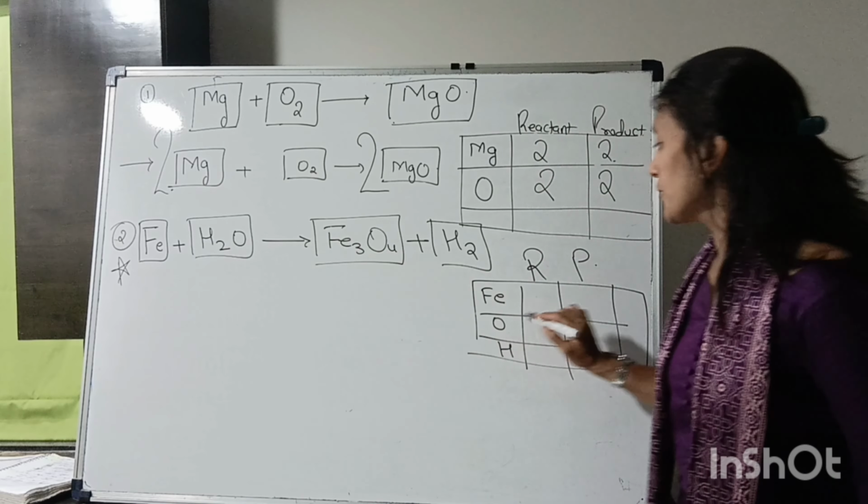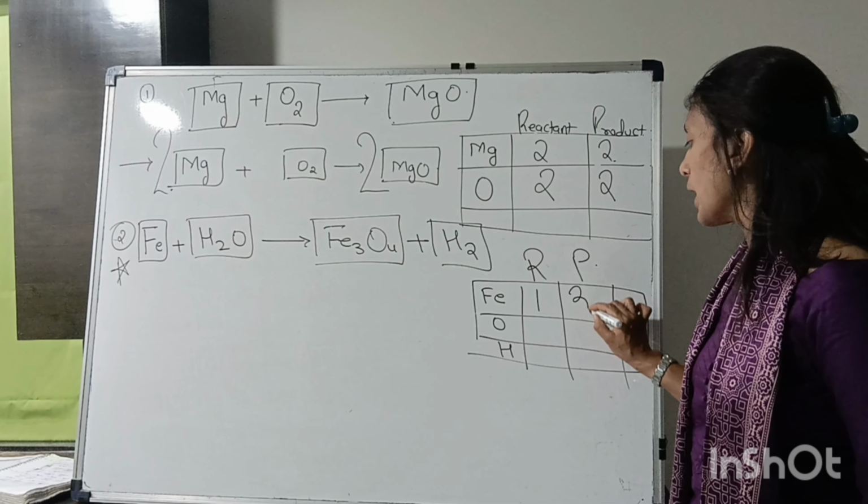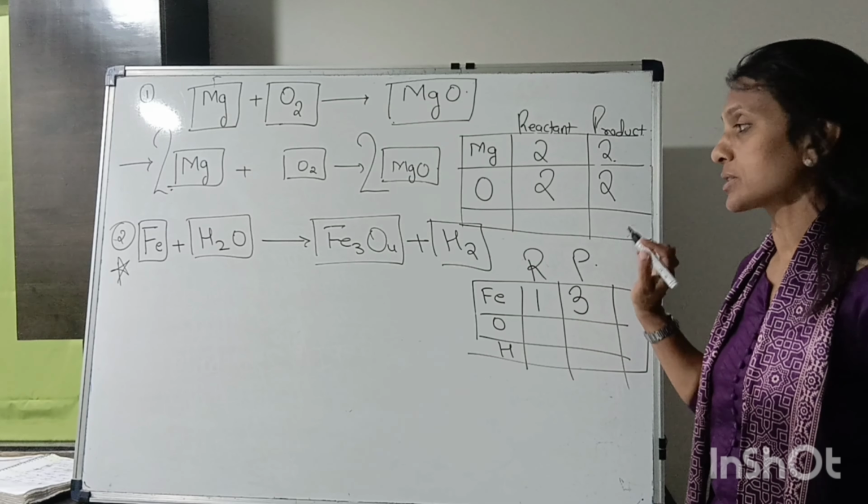There is 1 iron atom on the reactant side and there are 3 atoms of iron on the product side. There are 2 hydrogen atoms on the reactant side and 2 hydrogen atoms on the product side. There is 1 oxygen atom on the reactant side and 4 oxygen atoms on the product side, right?